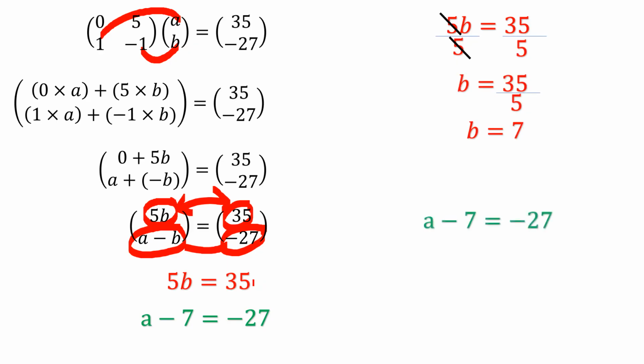What about A? Let's use the second equation. Let's send that 7 over the equal sign. It becomes +7, and -27 plus 7 is going to be -20. And so the values of A and B that satisfy this matrix equation are B equals 7 and A equals -20. Okay, let's move on to the next question.